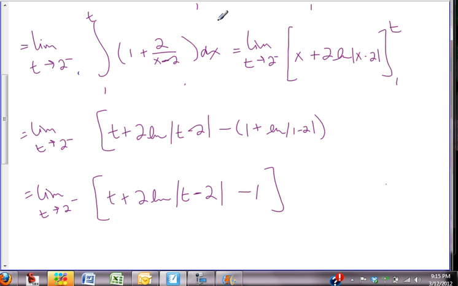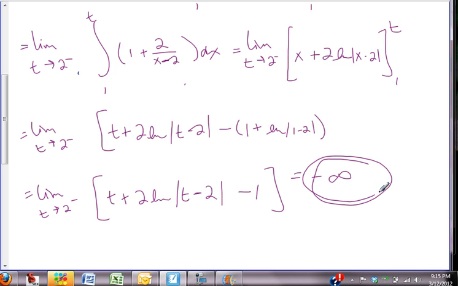So what's happening here? Well, t, of course, is just going to 2. That's not an issue. So t minus 2 is going to what? It's going to 0. So ln of 0 is, well, as it goes to 0, that's going to minus infinity. So I get minus infinity, 2 minus 1. This is going directly to minus infinity.